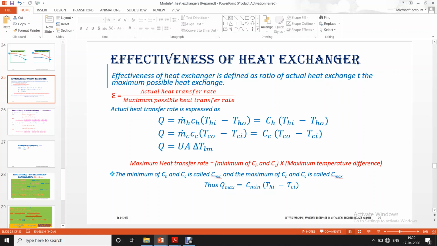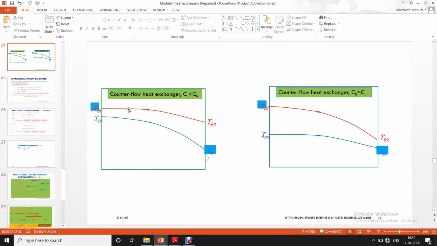So before deriving the effectiveness NTU relations, we should know what is meant by effectiveness and what is meant by NTU. So let me first discuss the temperature variation of hot and cold fluids, especially in the case of a counterflow heat exchanger.